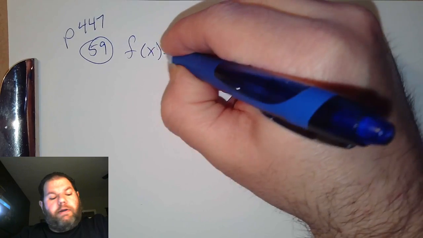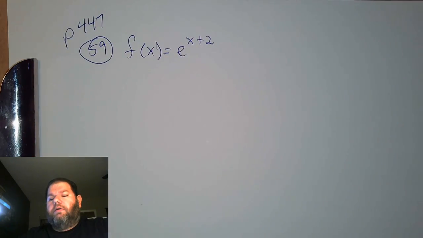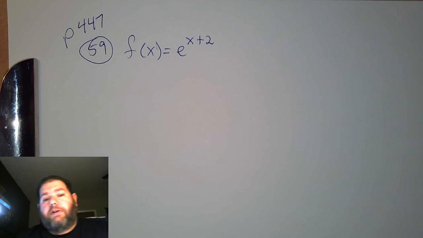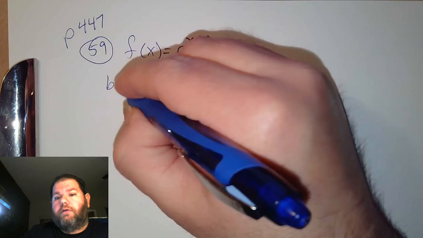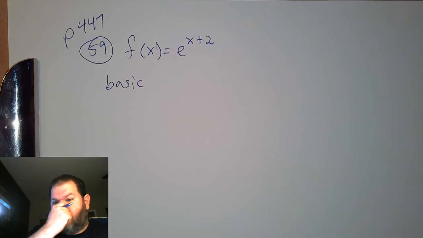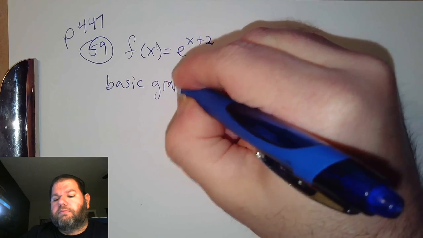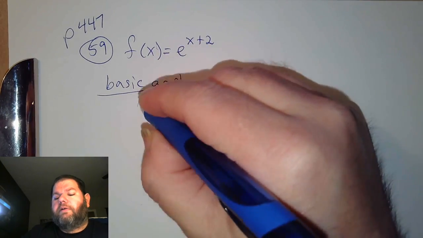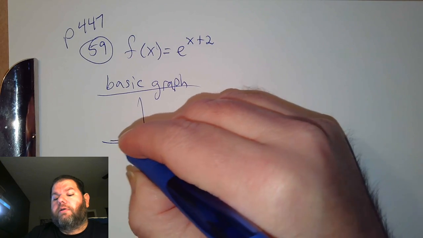So you have f of x equals e to the x plus 2, and we want to sketch a graph of this. Now, the basic graph will look like this, where our anchor point is at 0, 1.